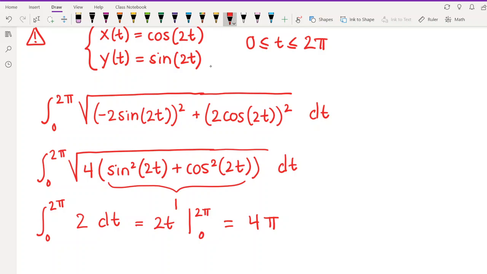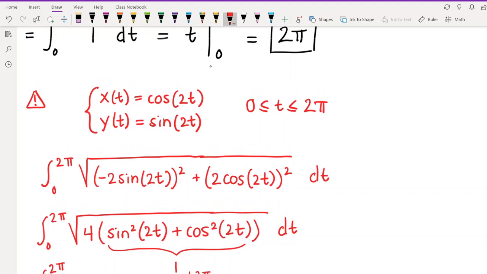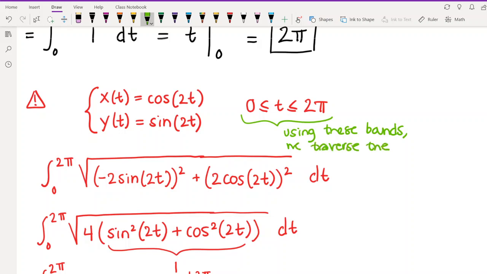Well, remember, if you think back to the last video, if you use this parametrization with these values for t, this is actually going to traverse the unit circle twice. We talked about this being kind of a faster parametrization.